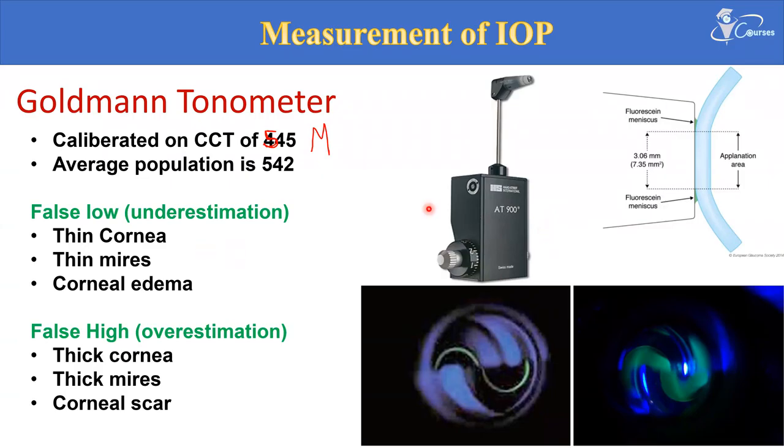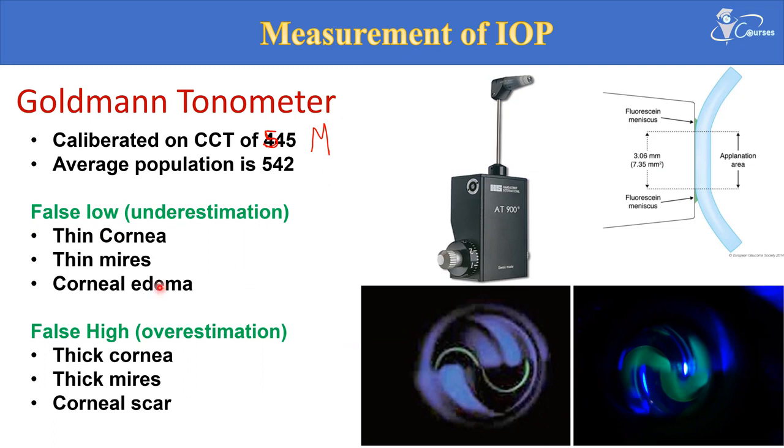If the patient is glaucomatous with 30 millimeter mercury, it will tell you it is 20 millimeter mercury. So this will underestimate the pressure. Also, thin Mires, as we just mentioned, are indicative of a false low or underestimation.